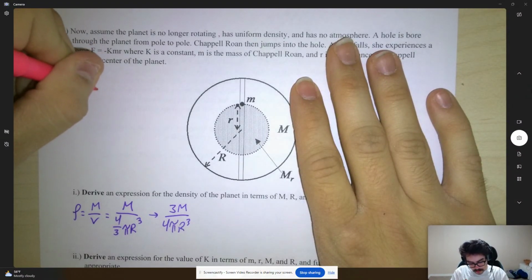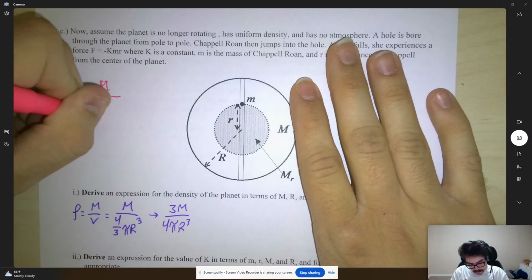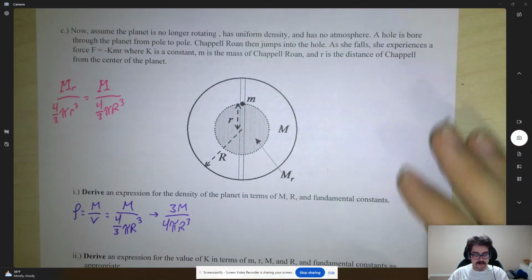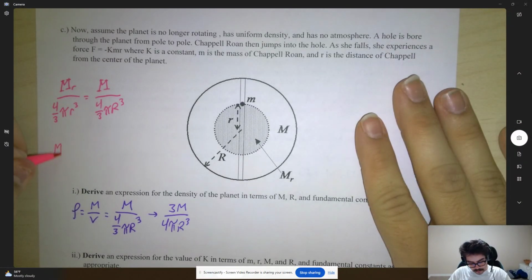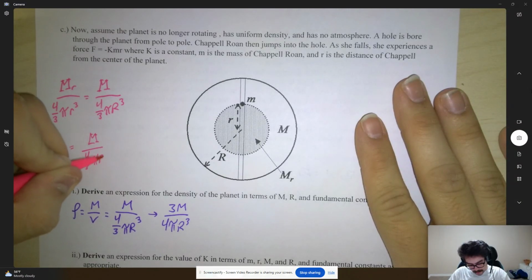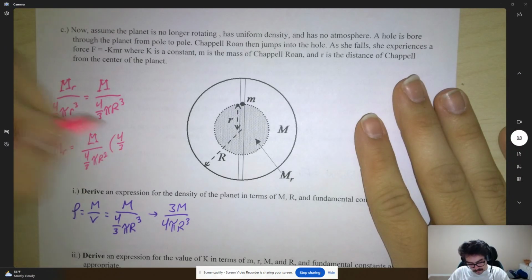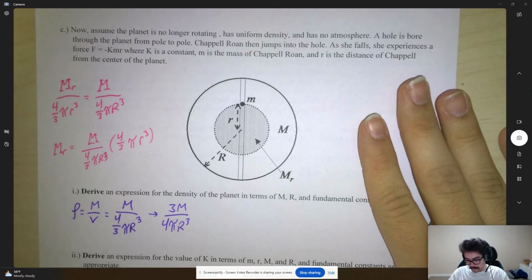We set this equal to the total mass of the planet over 4/3 pi capital R cubed. Then if I multiply both sides by 4/3 pi r cubed, sorry, cubed, my bad.